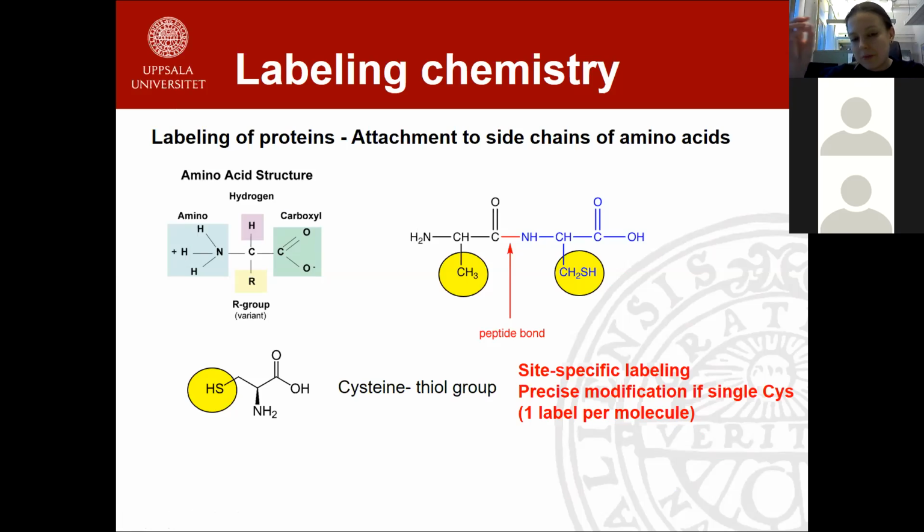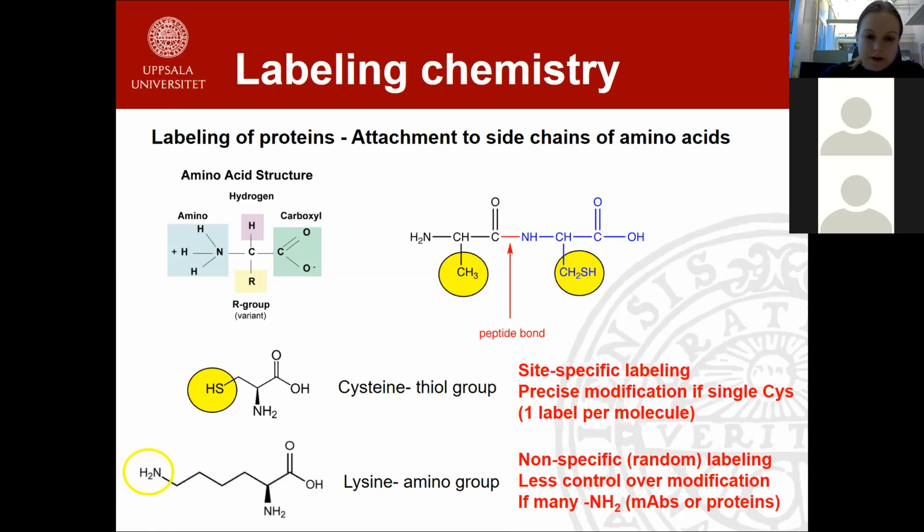It's very convenient because if you have a single cysteine, you only have one potential reaction site with your label, so you can only attach one label per molecule. And it's a very precise modification. It's good because you know exactly the site of modification in your biomolecule, and you know the number of labels you attach per molecule.